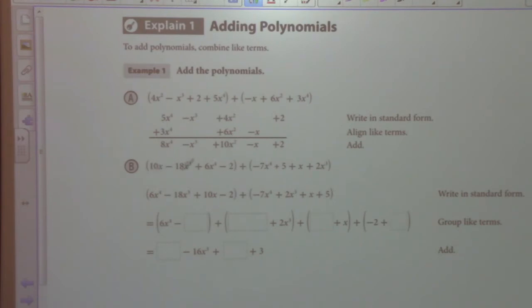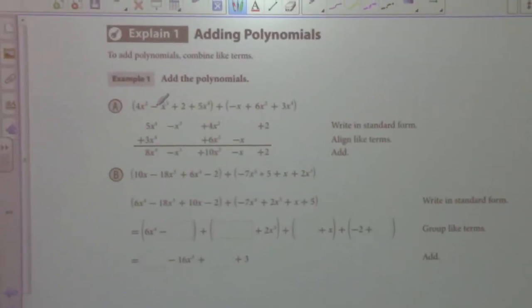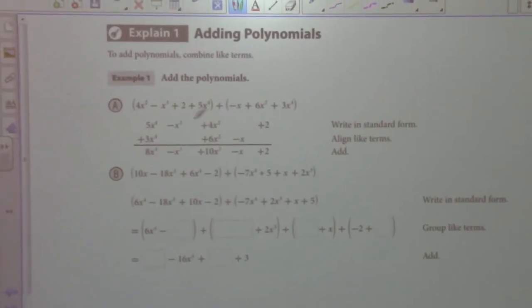And when we add polynomials, if we take example A, you have this polynomial here, 4x squared minus x cubed plus 2 plus 5x to the fourth power, and we add to it this polynomial right here. What you can do is stack the like terms. Like terms are going to be what?